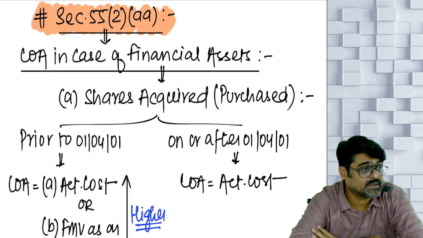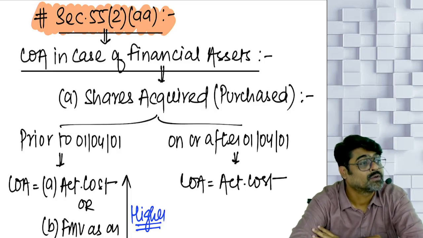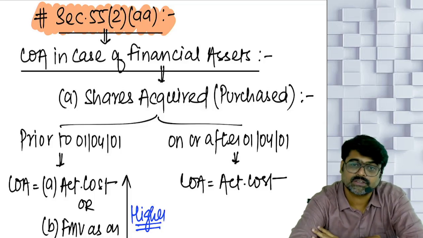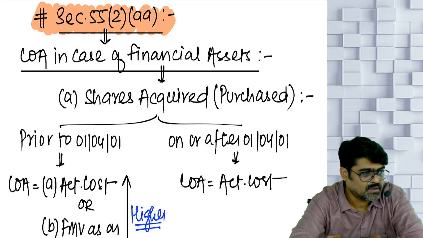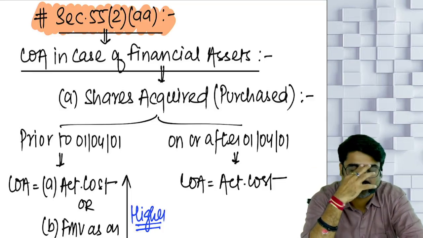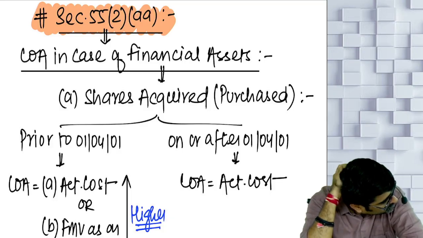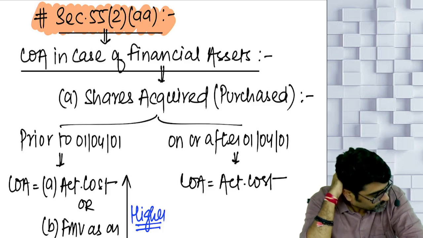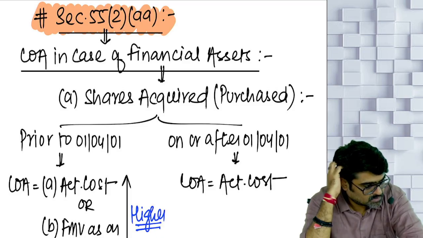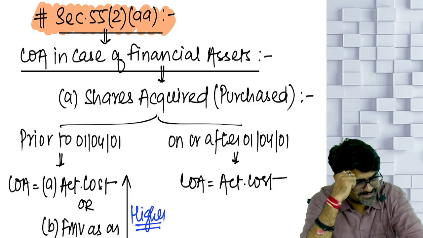So Mr. Mehta sold his trademark of his business, which he started in 1980, for a consideration of rupees 1.5 crores to Mr. Gopal, whatever name you want.